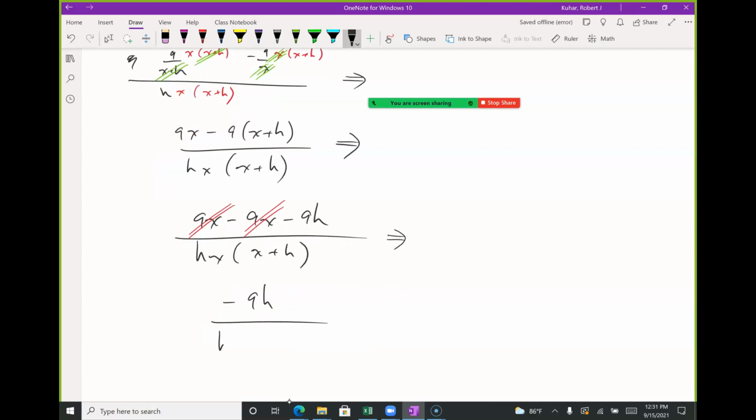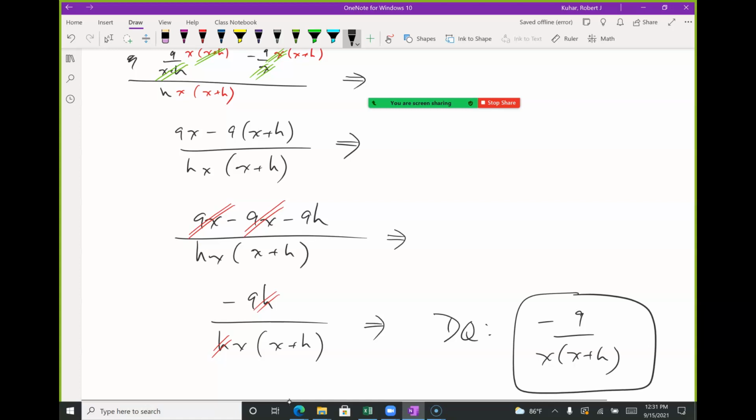Better yet, the only terms left will have a factor of h. Anyone get there? Yeah, I got there. Nice.